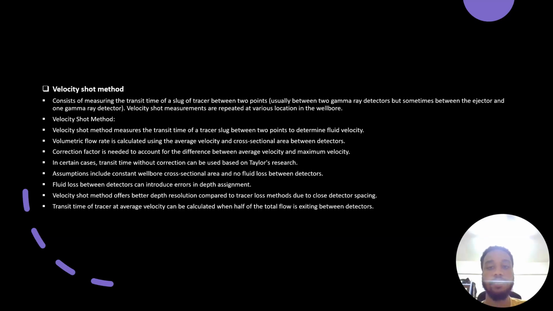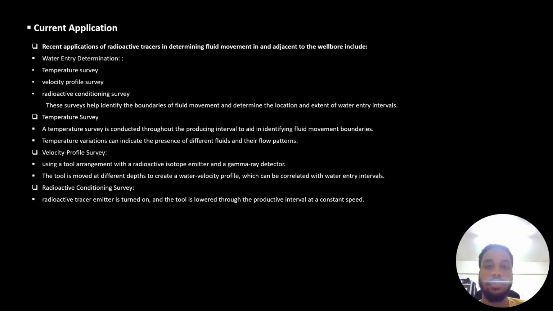Typically, this is done by placing gamma ray detectors at these points, although sometimes the ejector and the gamma ray detectors are used. So after measuring the transit time, we can calculate the fluid velocity, and then the volumetric rate is determined using the average velocity and the cross-sectional area between the detectors.